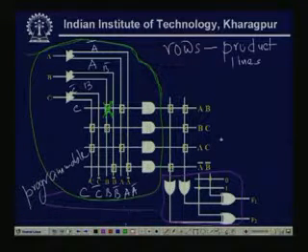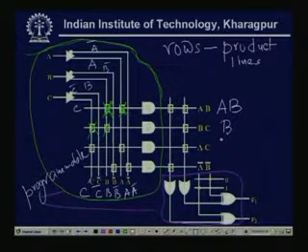So the first product line, or the first row, realizes B and A, that means AB. Similarly, the second one is C B, so my second product term is BC.